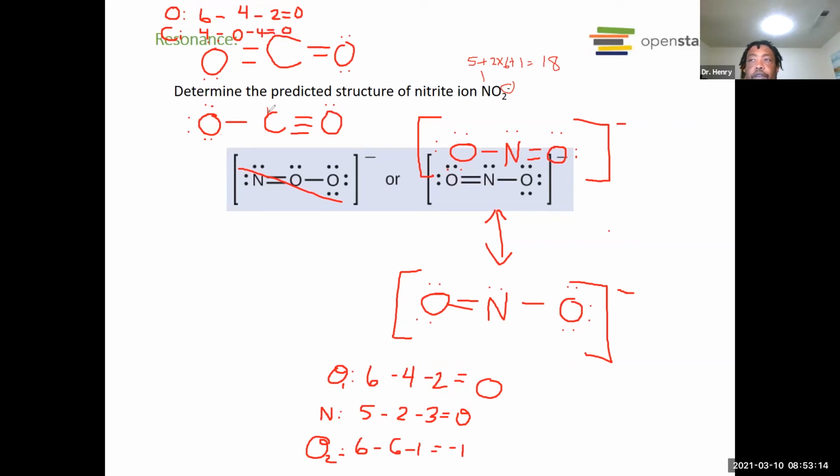Okay, so this one down here, this oxygen, I'll call this oxygen 1, it's going to be 6 minus 6 lone pair minus 1 bond. So that should be -1. The carbon is going to be 0. So that's going to be 4 minus 0 minus 4.